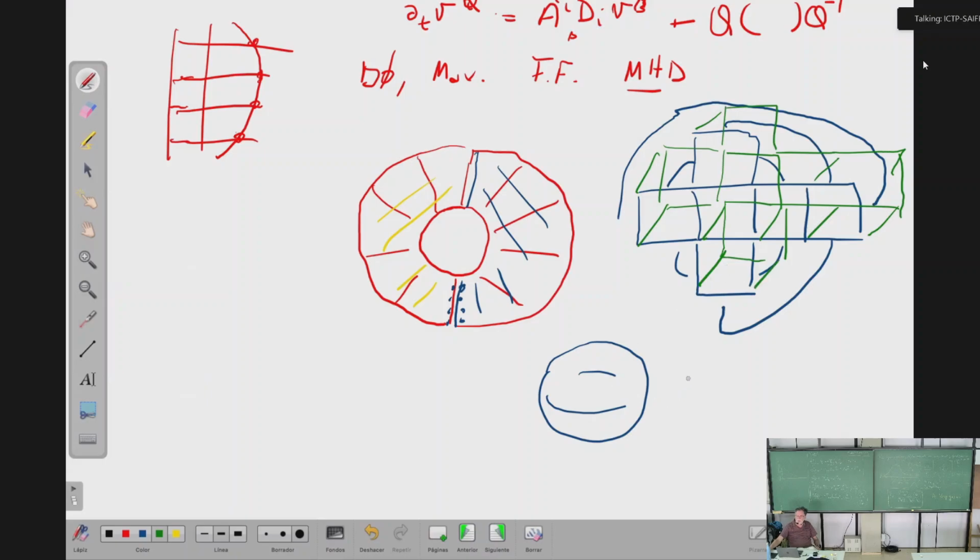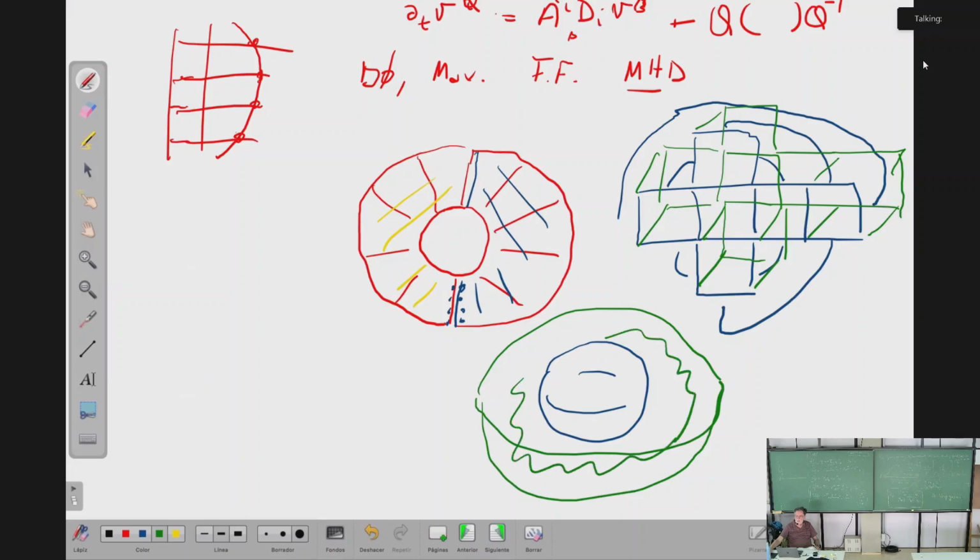So what you're doing is having the region between two spheres. Okay, so you have a region to integrate which is between two spheres.